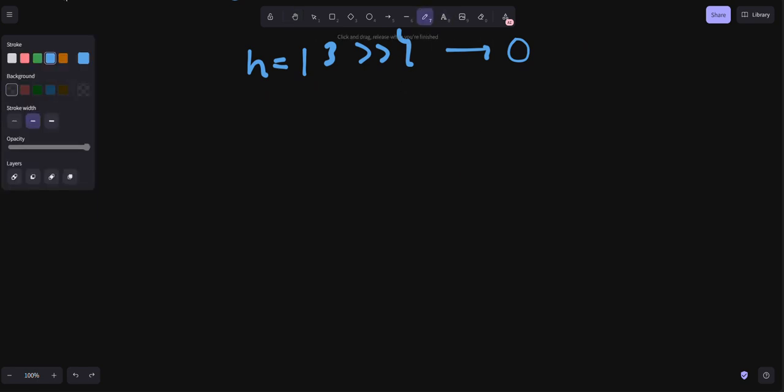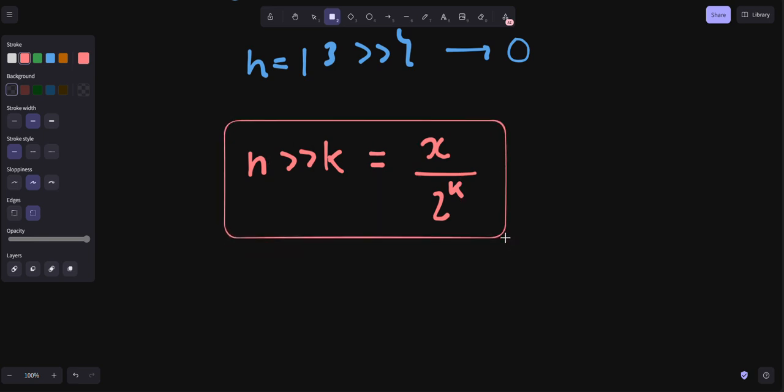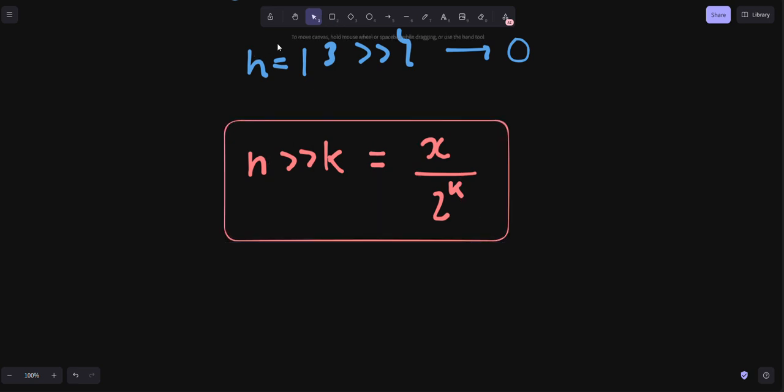Let me write it in red: whatever we shift to the right by k, this basically means that x, any number which is given, is getting divided by 2 to the power k. We will prove this as well, how we got this. But please remember this, it is really important.